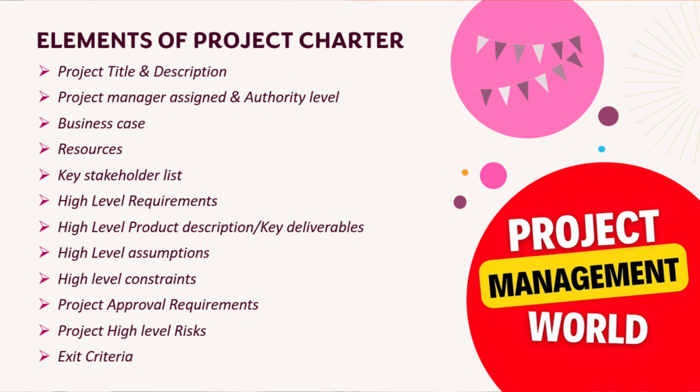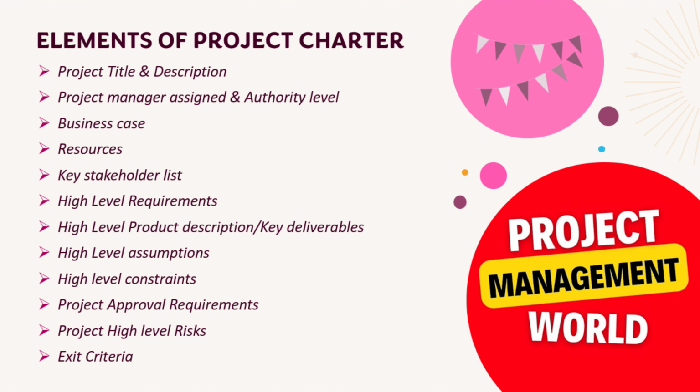The next one is the project manager assigned and authority level. Here we assign the project manager for the particular project and also define their authority level. It depends on what kind of organization the manager is working in, whether functional, matrix, or projectized.